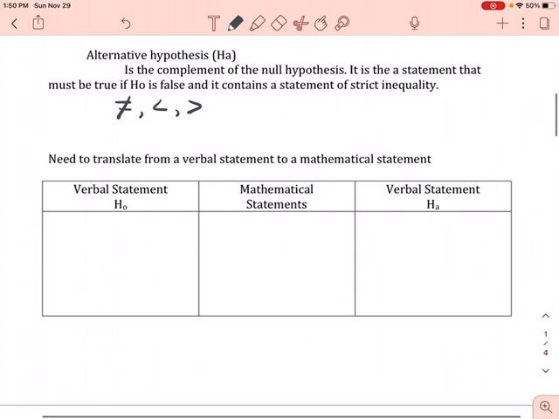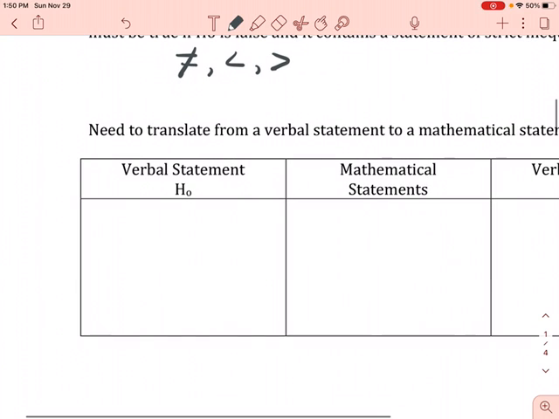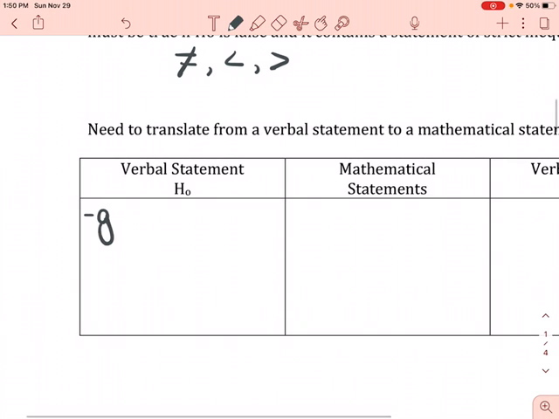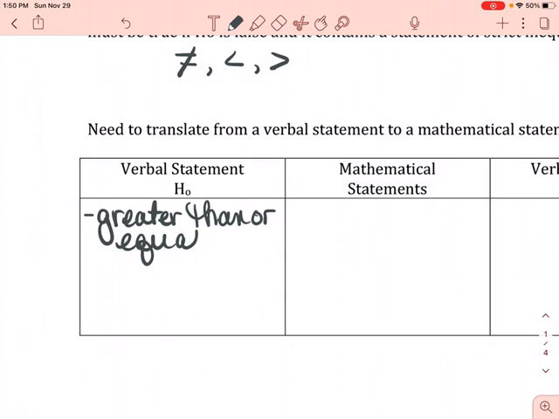So if we have a verbal statement, how do I know it's an H sub 0? Well, it might say greater than or equal to. It might say at least.